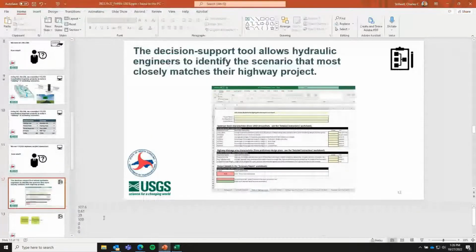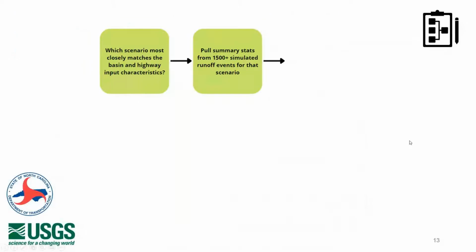So in the background, there's a lot happening. As you can understand, with all the different scenarios we ran and all the different rainfall events within each scenario, there's a lot happening in the background, but we try to make it as user-friendly as we can for the hydraulic engineer. So I'll just take another couple of minutes to describe what is happening in the background so you have a better understanding.